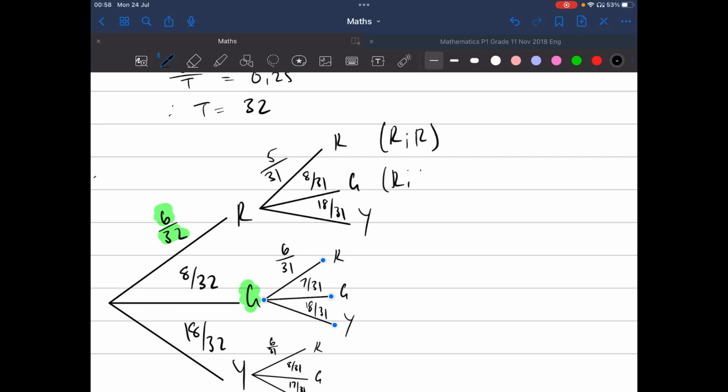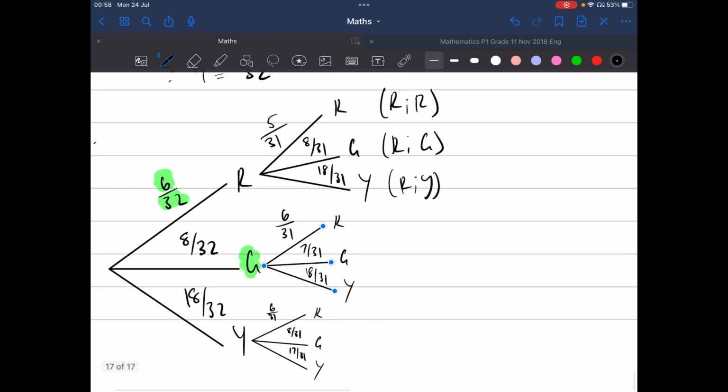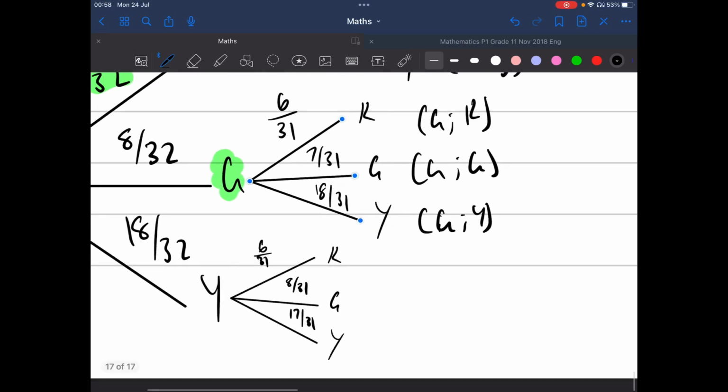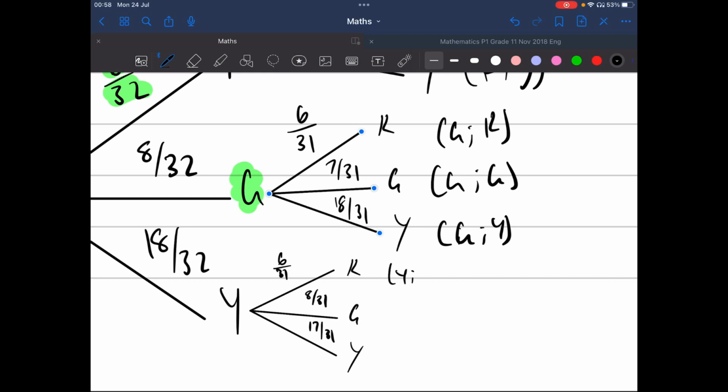This is red and green. Red and yellow. This is green and red. Green and green. And green and yellow. This is now yellow and red, yellow and green, and yellow and yellow.